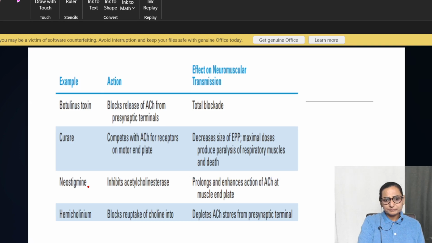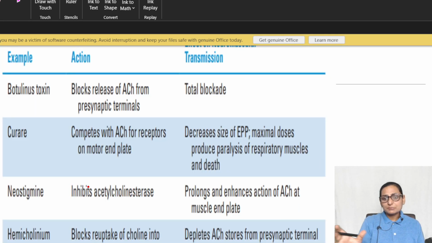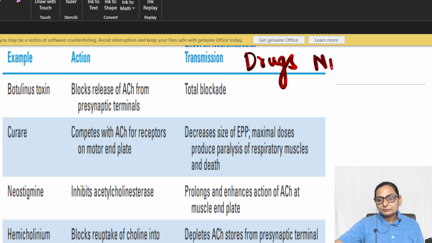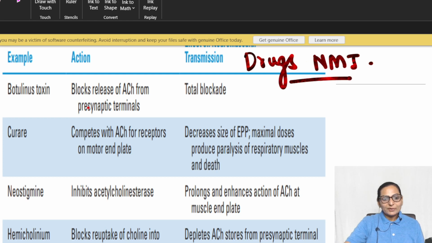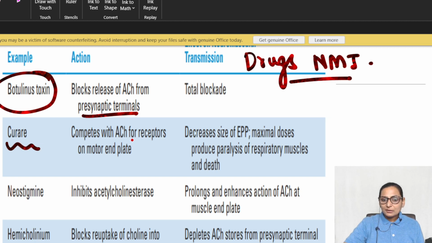So you can make a very simple table for yourself at the level of first prof. You can remember the drugs acting at NMJ. For example, botulinum toxin, which blocks the release of acetylcholine. Curare, which competes with acetylcholine for receptors on the motor end plate, that means decreases the size of EPP.